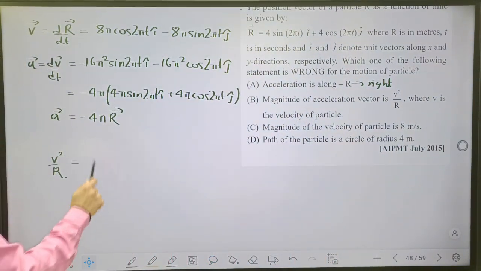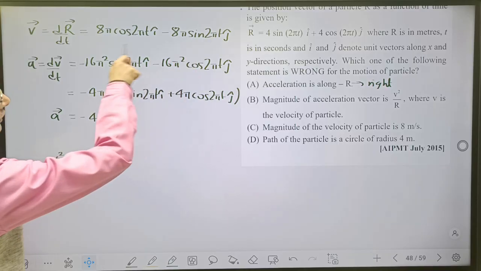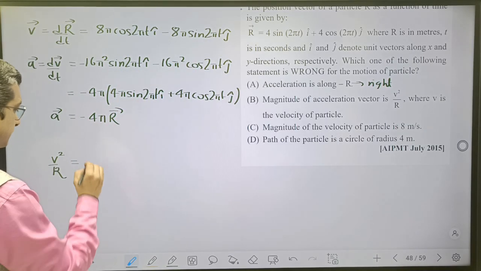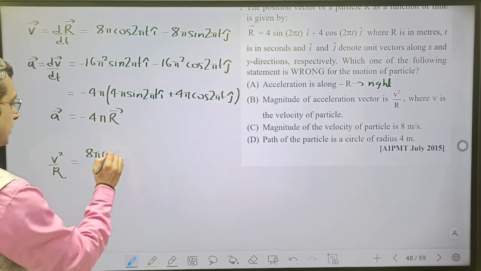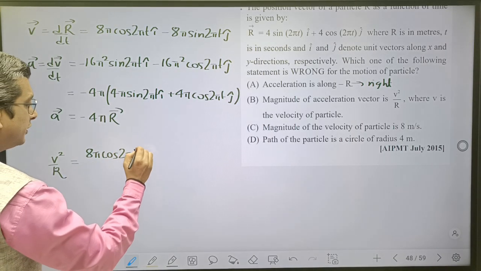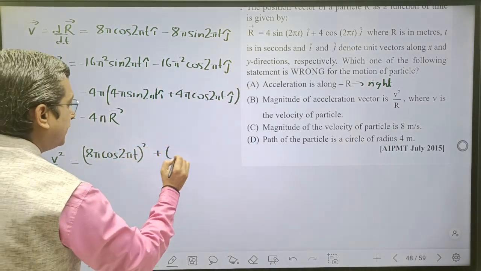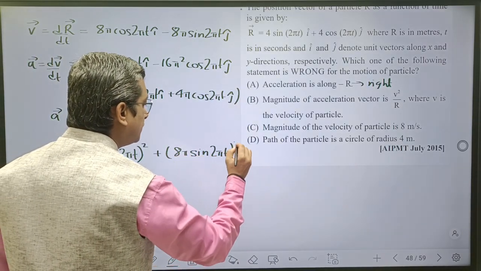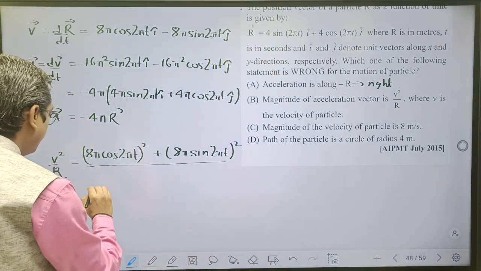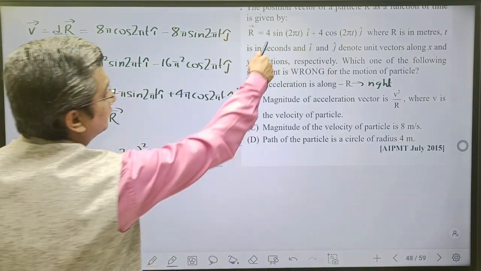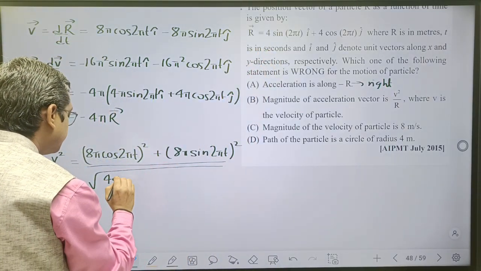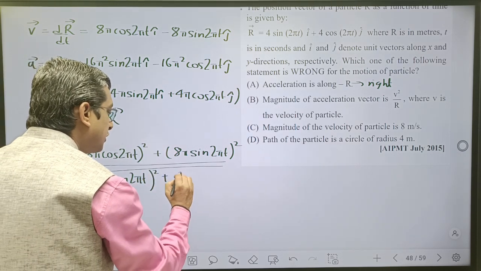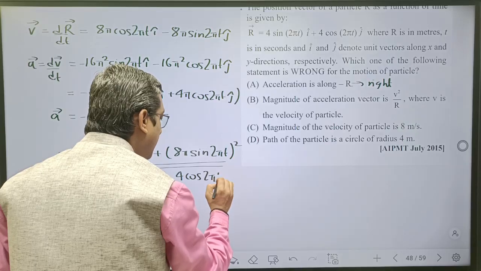So v square is given by (8 pi cos 2 pi t) square plus (8 pi sine 2 pi t) square, and the magnitude of the r vector is the root of (4 sine 2 pi t) square plus (4 cos 2 pi t) square.